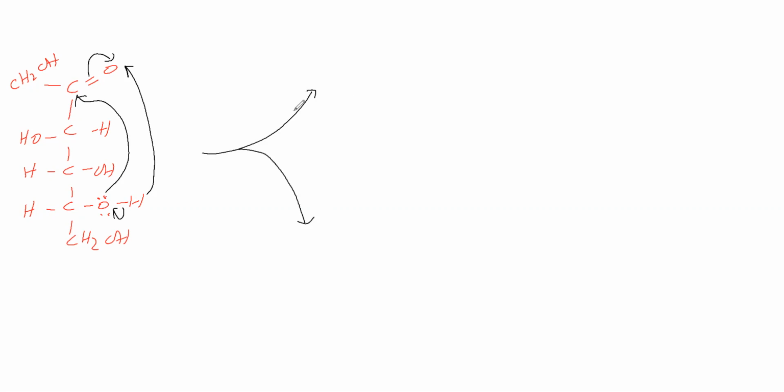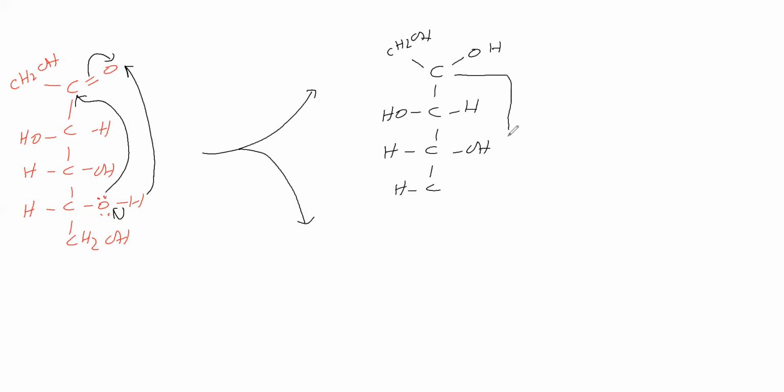In the first one, this O becomes OH. Write this CH2OH, then the third carbon HO-H, the fourth carbon H-OH, then the fifth carbon with the cyclic ether, then the sixth carbon CH2OH. Next, in another possibility, this OH is on the left side.